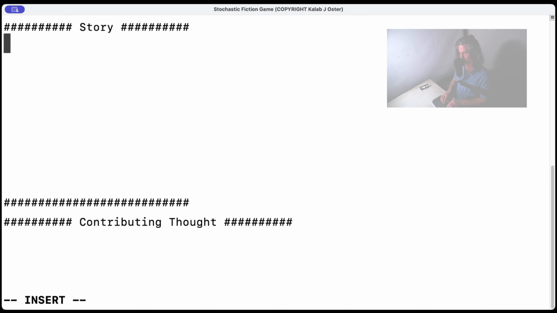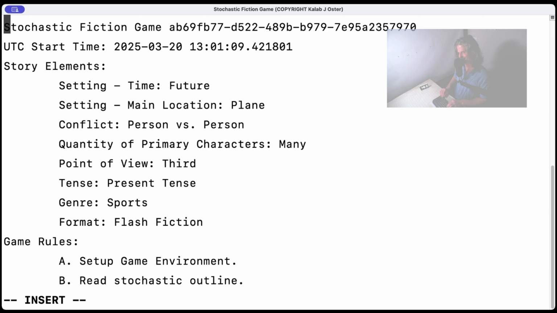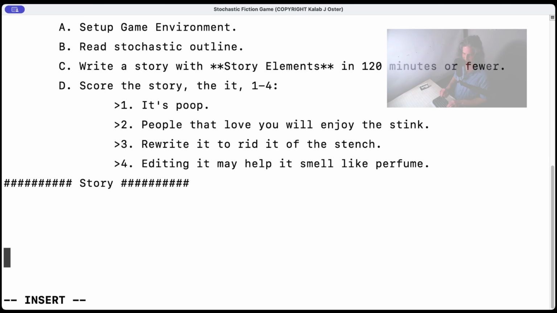I'm already kind of bored of this story as I think about it. Let's go back to the story elements. What's the conflict? Person versus person. I already said it was going to be the shortstop. The money. That argument. So we can open that up too. So I got to think of two characters.